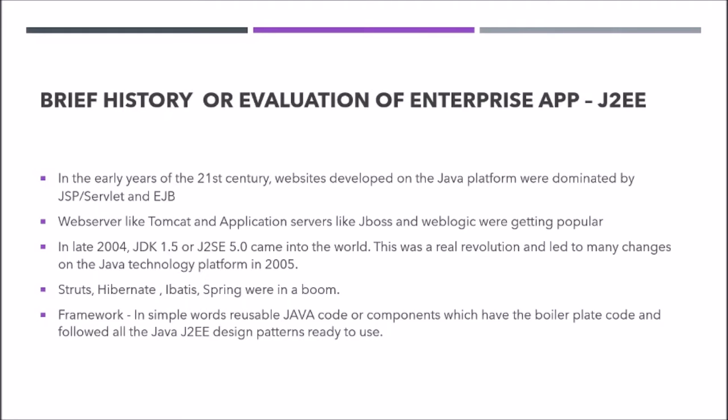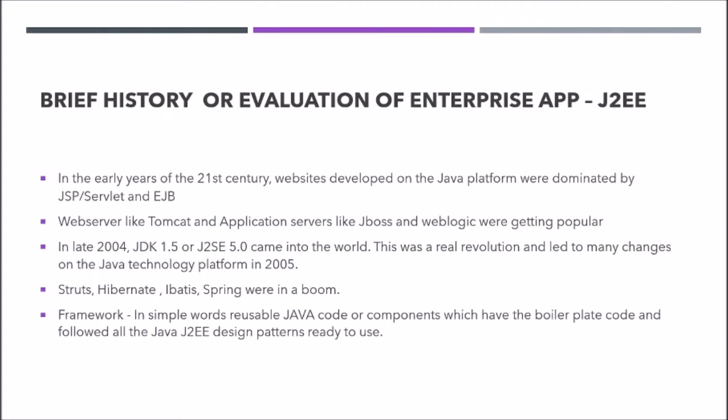That need led the way to many Java J2EE frameworks like Struts, Hibernate and Spring in the early 2005-2006. In simple words, a framework is nothing but Java code or components which have the boilerplate code and follow all the Java J2EE design principles, ready to use when we develop any J2EE application or any Java application.